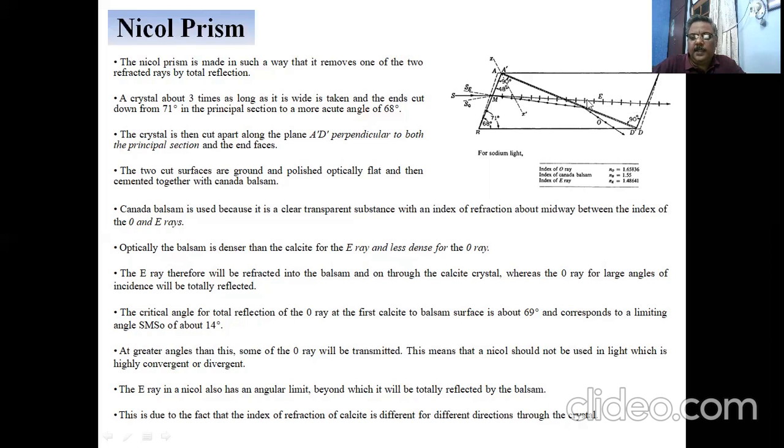So we are eliminating one component. We are allowing the extraordinary ray to pass and blocking the ordinary ray. So this is the device that is constructed to get polarized light through the process of double refraction.